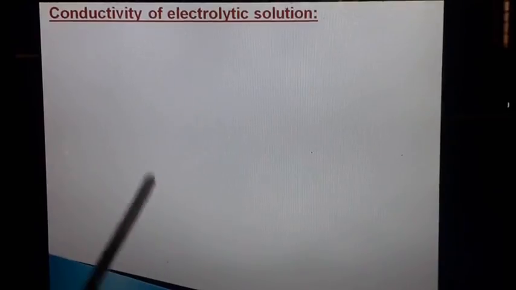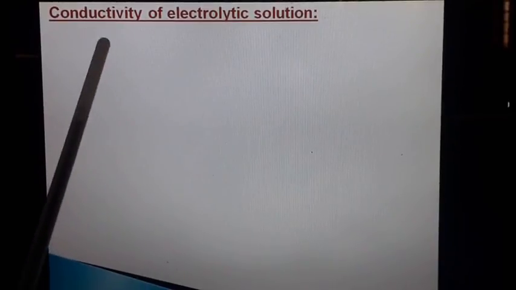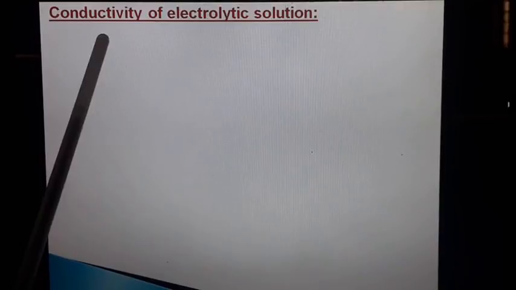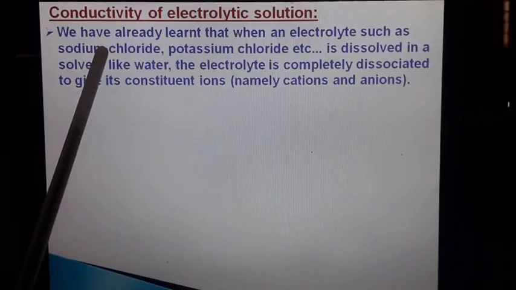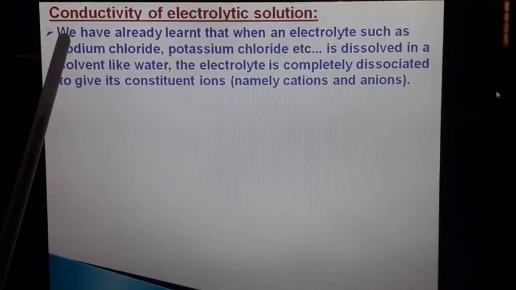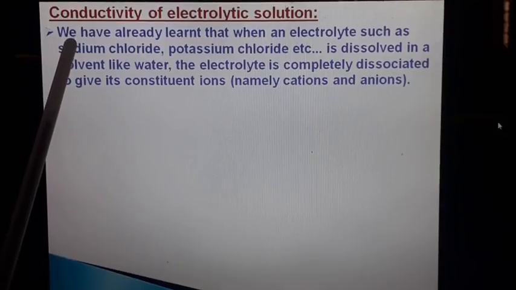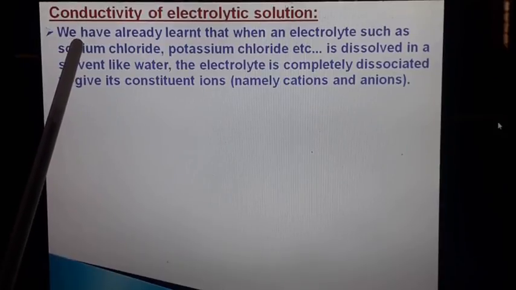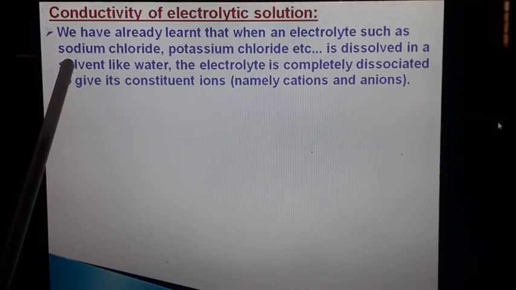Next, conductivity of electrolytic solution. The topic is electrolytic solution. We have learned that when an electrolyte such as sodium chloride and potassium chloride is dissolved in a solvent like water, the electrolyte is completely dissociated to give constituent ions, namely cations and anions.